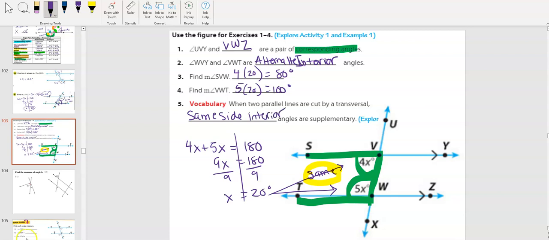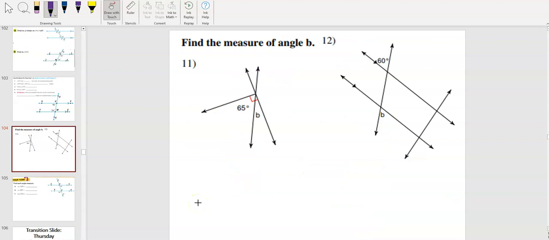Now, sometimes you have relationships with angles that you've learned in the past and aren't going to be on our little handy dandy cheat sheet. For example, this little box here, you should know that that means 90 degrees. And so what that means is that the angles 65 and B also add up to 90 degrees. So those are called complementary angles.